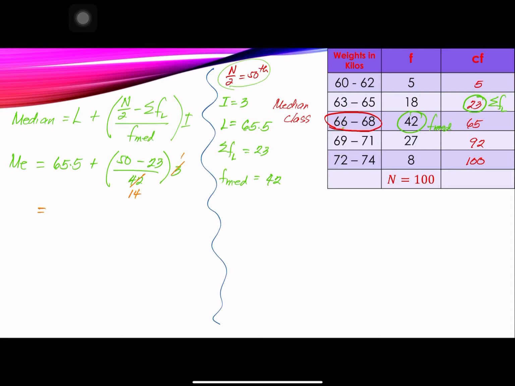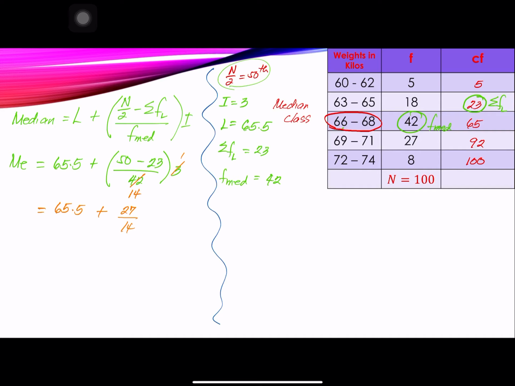You will have 65.5 plus, what is 50 minus 23? That is 27 over 14. And what is 27 over 14?